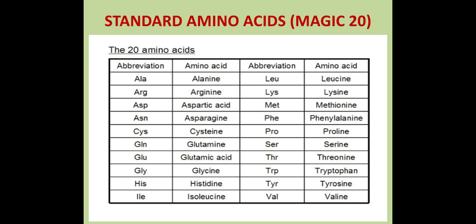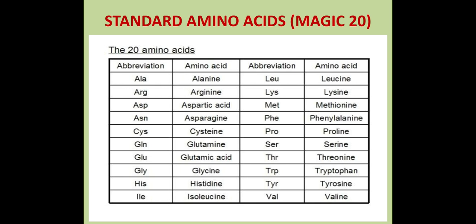Although more than 100 amino acids are present in various plants and animals, only 20 amino acids are found as constituents of most proteins. These 20 amino acids that are encoded directly by the codons of the universal genetic code are called standard amino acids.